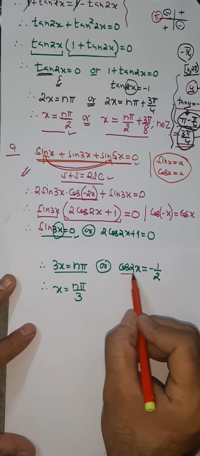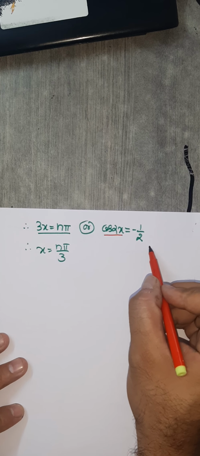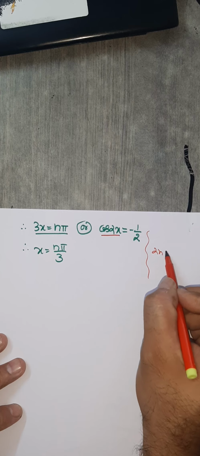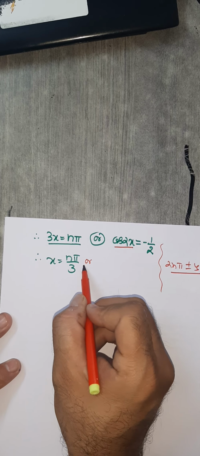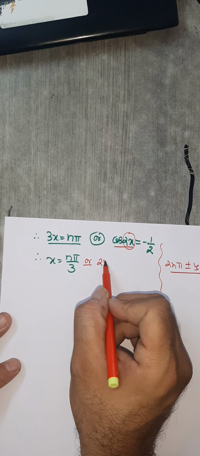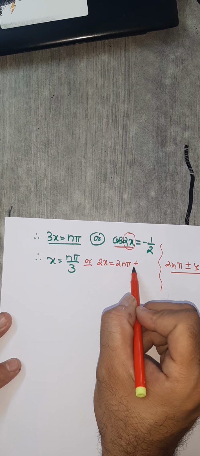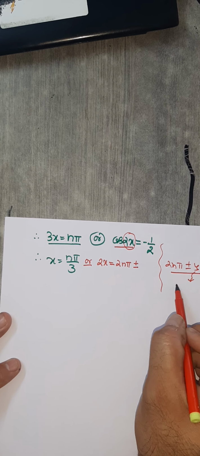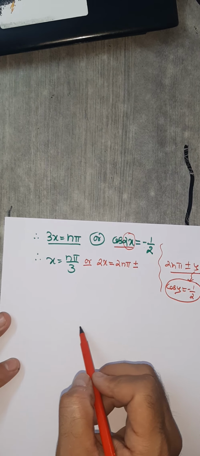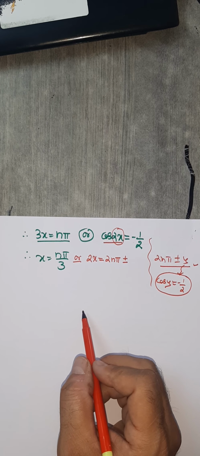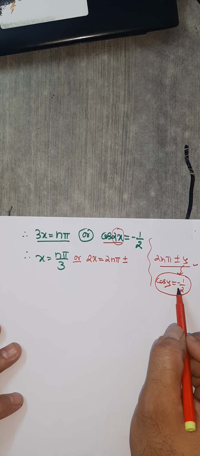Now here you need to use the solution set for the cos function. If you remember, it is 2n pi plus or minus y. So I'm writing this here: 2x equals 2n pi plus or minus y, where you find y for which cos y becomes minus 1 by 2. This constant, just refer to the theory and you will realize. Now what's the value of y for which cos y becomes minus 1 by 2?